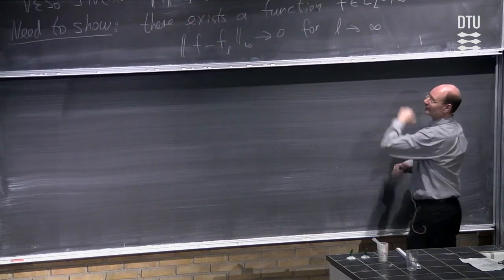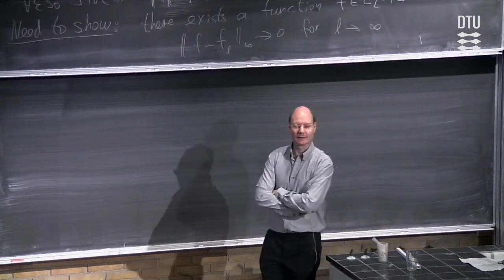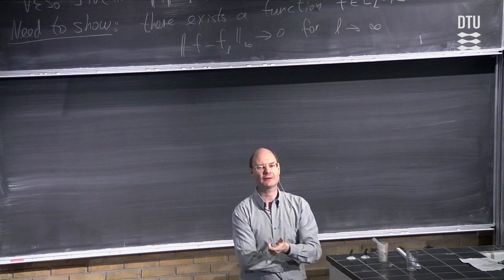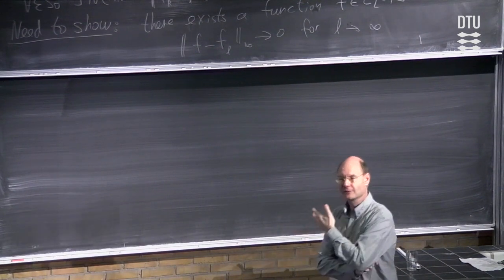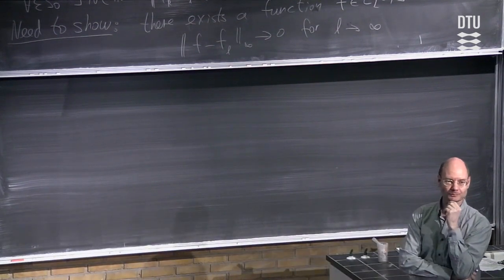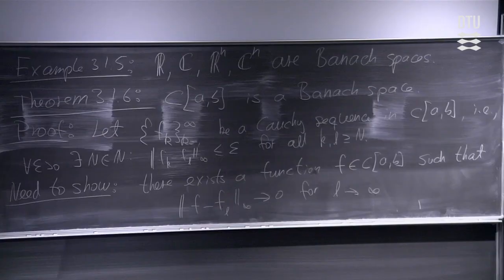So, you see, this is not so easy to prove, because how can we get hold of this function f? How can we find this function f that the sequence should converge to? And the idea is to use the relationship between the function values for the function f and this infinity norm that we have here.